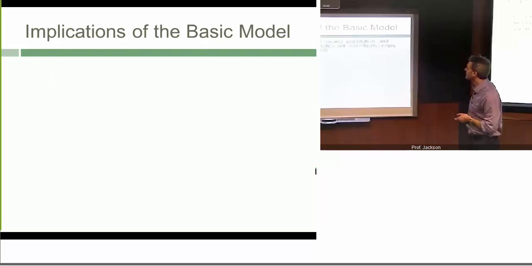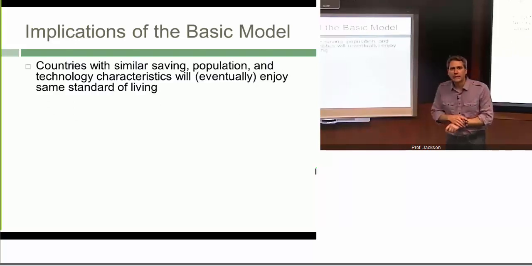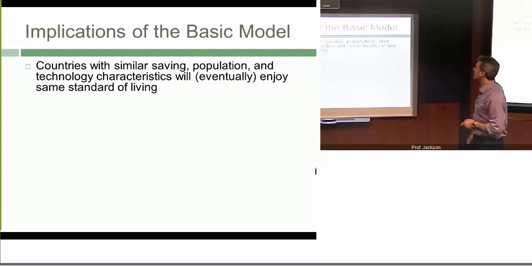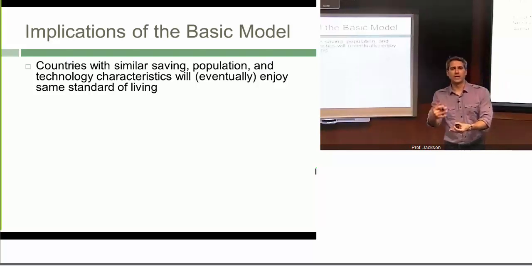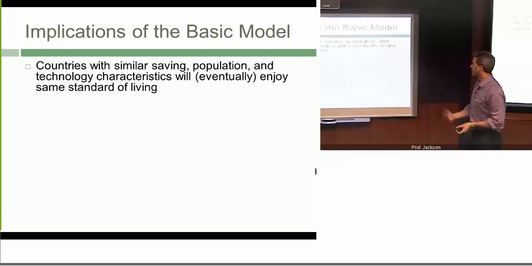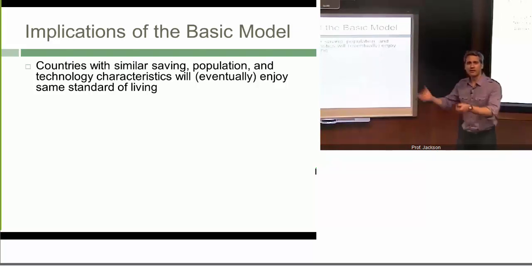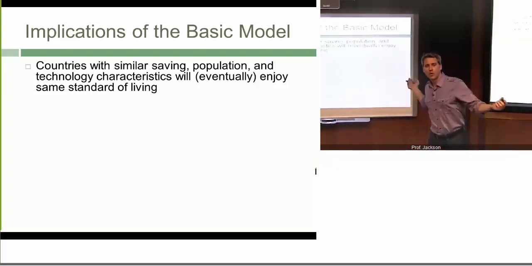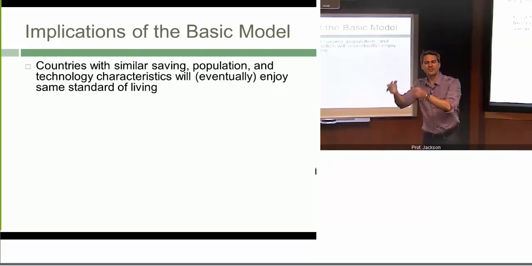So there's a few takeaways to this, which I'm going to expand on in the next video. The first is that countries with similar savings and population and technology characteristics, so in other words, holding savings, population growth and TFP constant across these countries, should eventually enjoy the same standard of living. If we start off at different places on that same diagram, we're all going to move towards K star, the same K star.